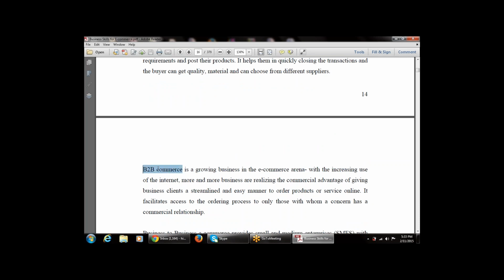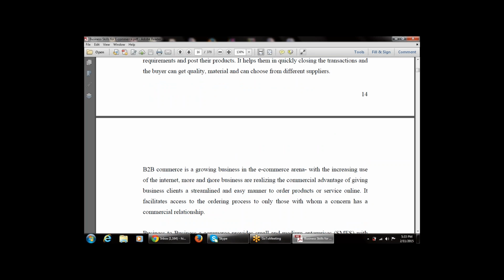Whenever we use B2B commerce, it is a growing business in the e-commerce arena. With the increasing use of the internet, more and more businesses are realizing the commercial advantage of giving business clients a streamline.